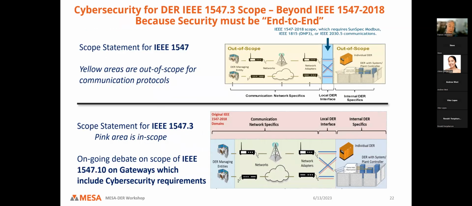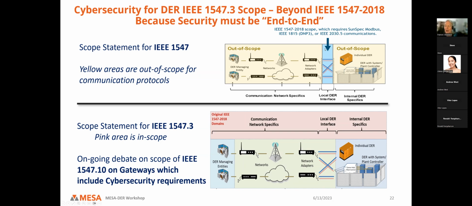One important aspect, since this is a 1547 type document, is that the 1547 base standard only included requirements for communications in this tiny little blue area, what they call the local DER interface. The rest of it is out of scope for 1547. However, cybersecurity has to be end-to-end.